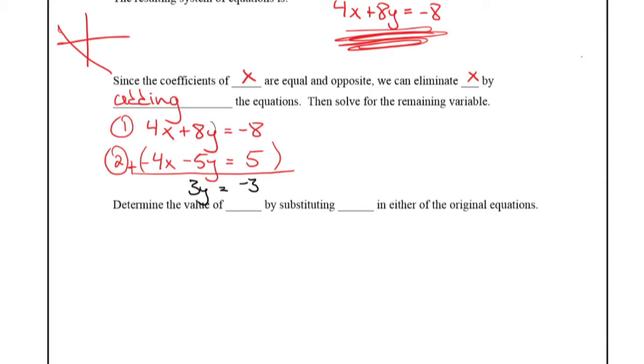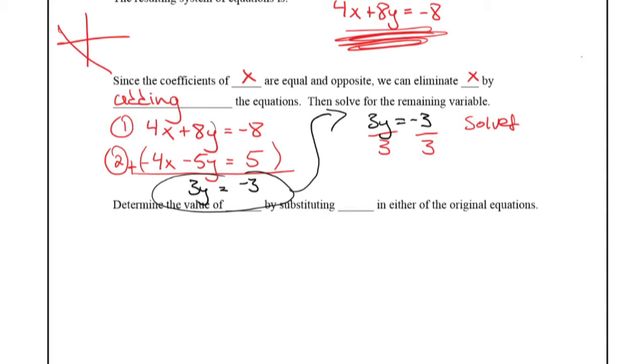Negative 8 plus 5 is negative 3. Makes more sense. All right, so this is my equation. I've eliminated the x right out of the equation. Now I have 3y is equal to negative 3. I divide both sides by 3. We're going to solve for y. You end up with y is negative 1.